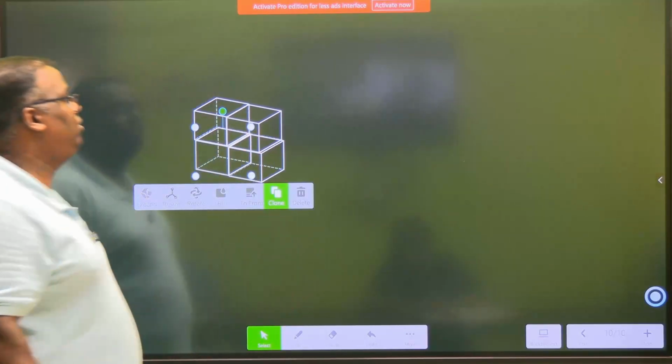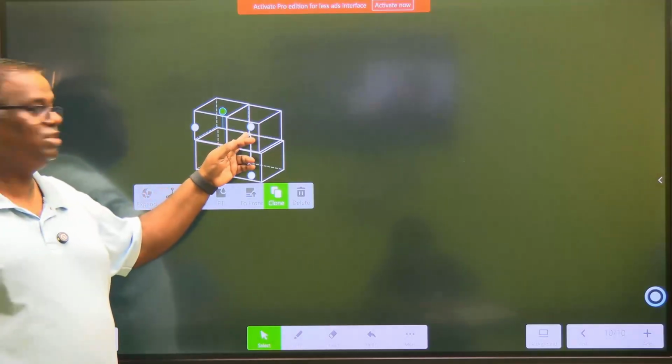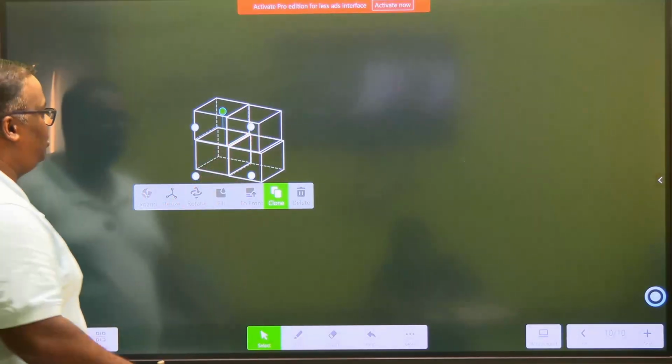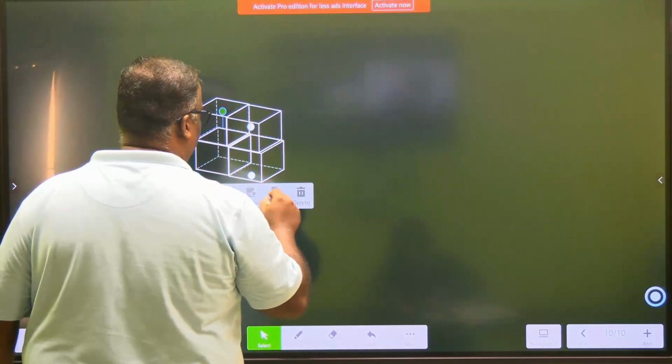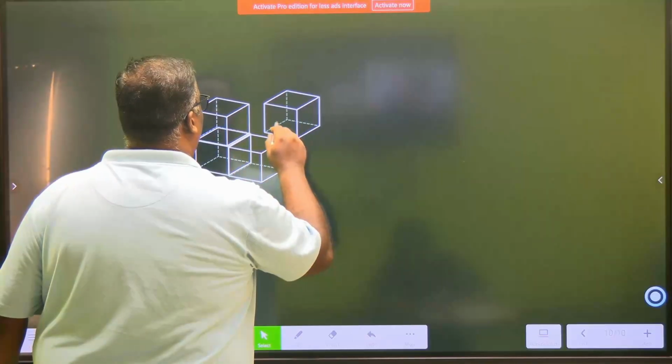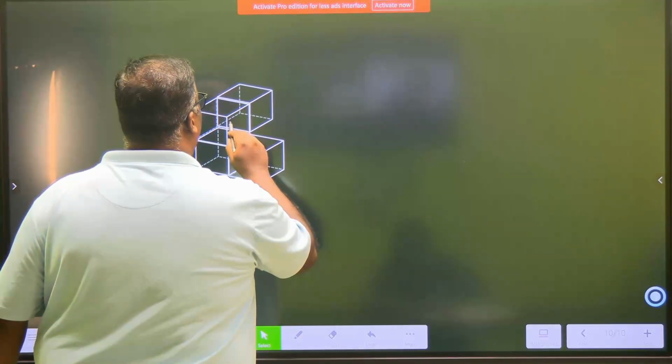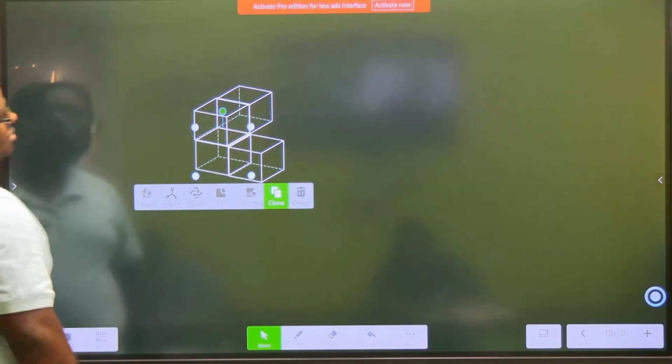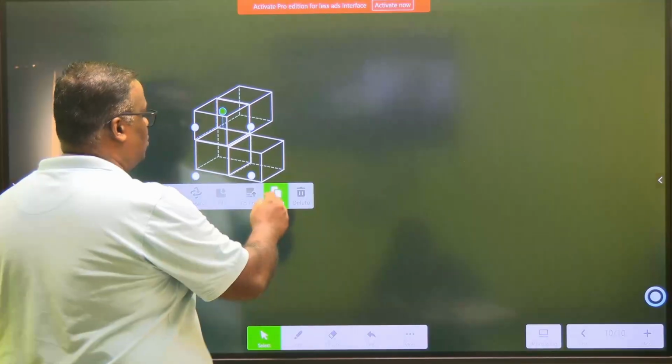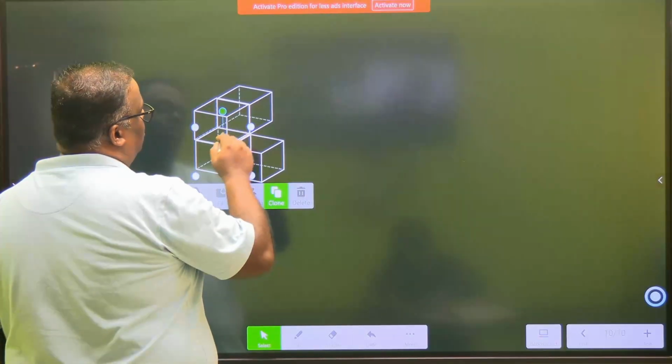Can you still identify where your charge was? Your charge was here, right? Okay, clone 1 more right at this place. Fine. Clone this, 1 more.